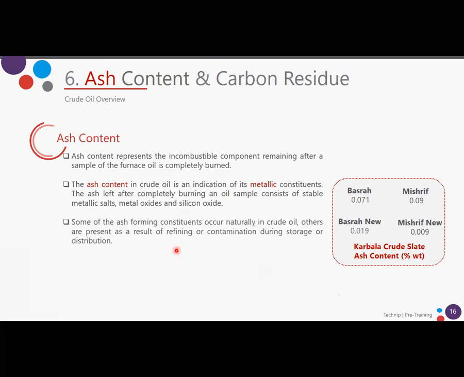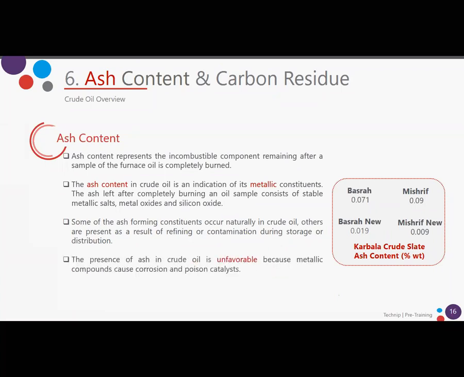Some of the ash-forming constituents occur naturally in the crude oil. Others are present as a result of refining or contamination during storage or distribution, okay? So we can have them in the crude oil, or the crude can also pick up the metals in the storage tanks.